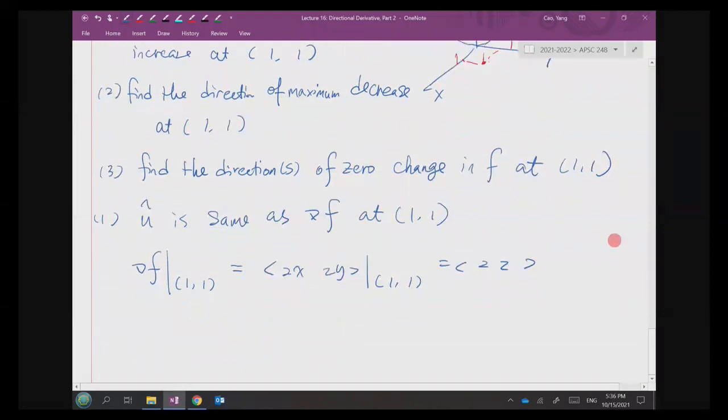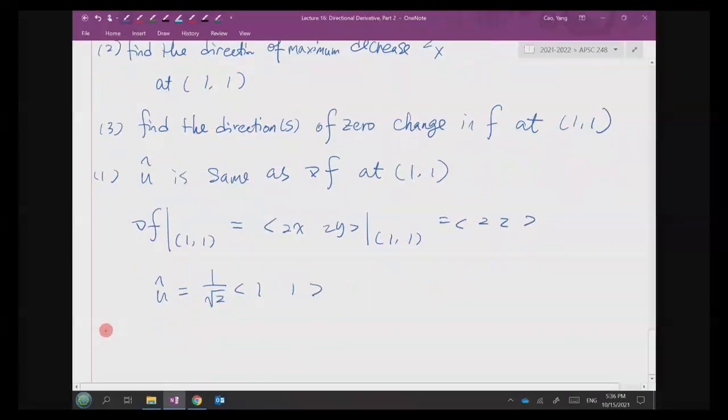And u hat needs to be in the same direction as del f, so I need to normalize this del f to give me u hat. Normalizing gives 1 over root 2 times (1, 1). It's that simple. So if you go in this direction at 1, 1, then you get the maximum rate of change, or increase, for the function f.